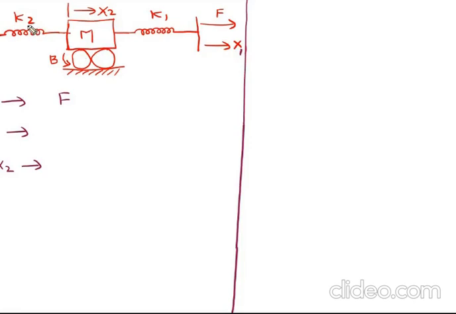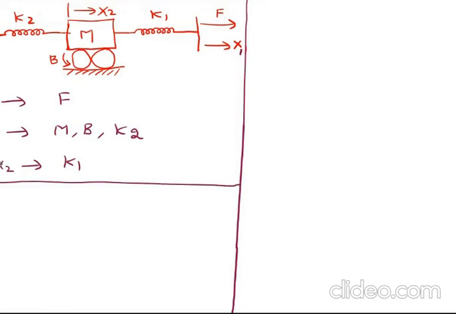Just like that, if you observe K2, one terminal is connected at the side of x2 and the other side is connected to ground, no other connection. Hence I can say K2 is connected only to x2. In the same way, the elements connected to x2 alone are the mass M, the element B, and the element K2, and the common element between x1 and x2 is K1. Here is the first part.